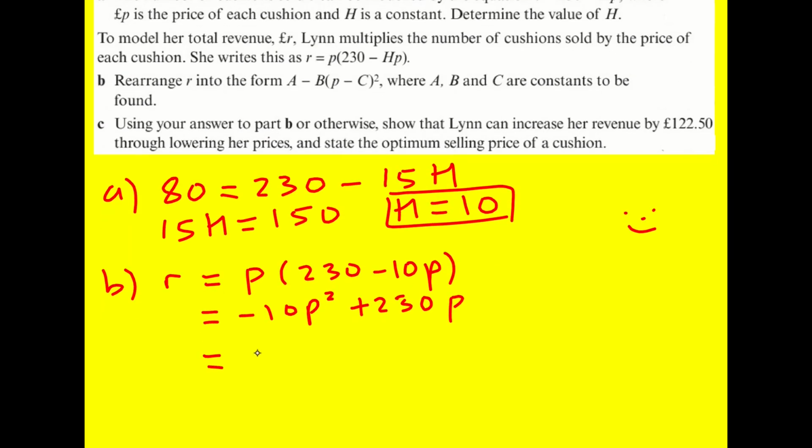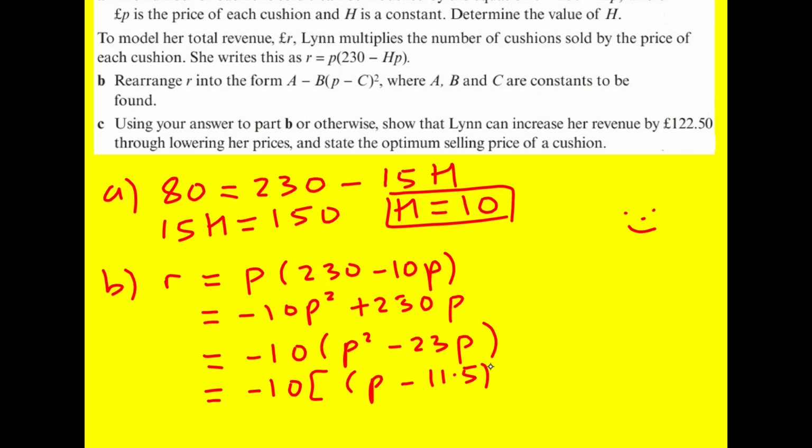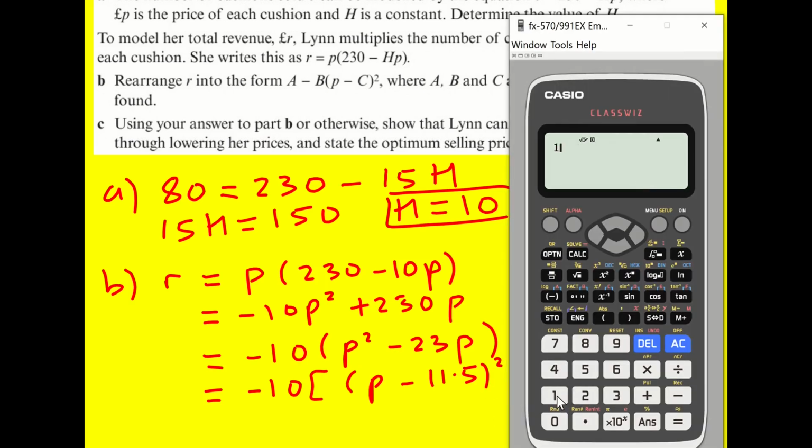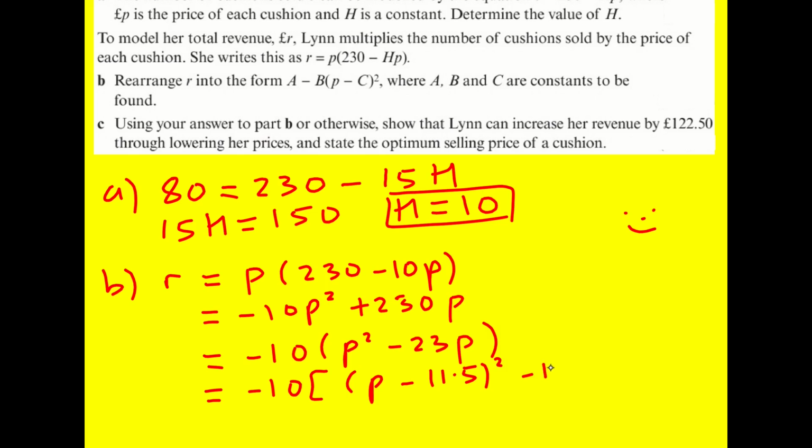And now let's complete the square. So take out the minus 10. It's going to become p squared minus 23p. And complete the square, p minus 11.5 squared minus, and then I need to square 11.5. 132.25.